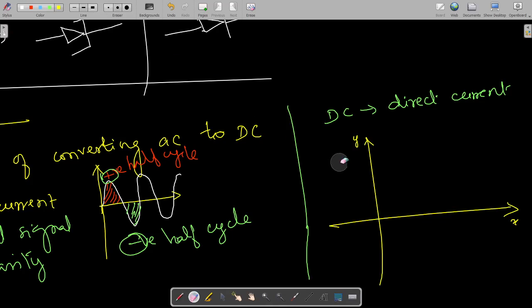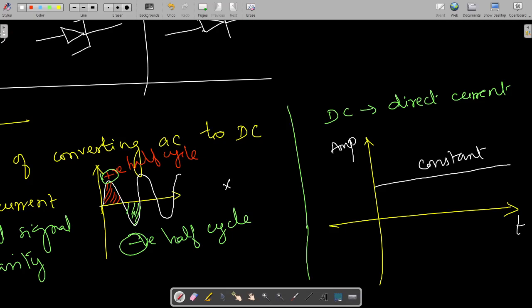In the x-axis we usually represent time, and this is your amplitude. In this, it would be something like this, a constant value. That is the direct current. So for direct current, the amplitude will be constant.